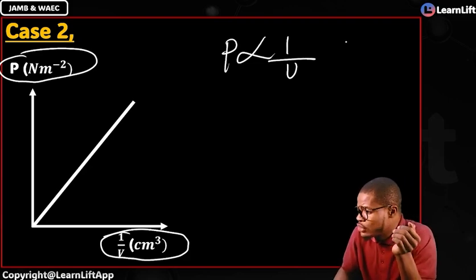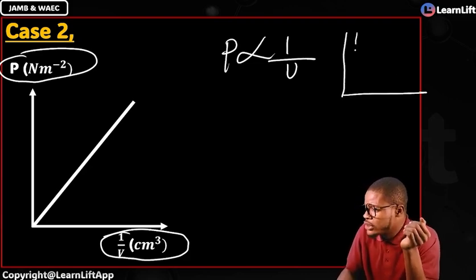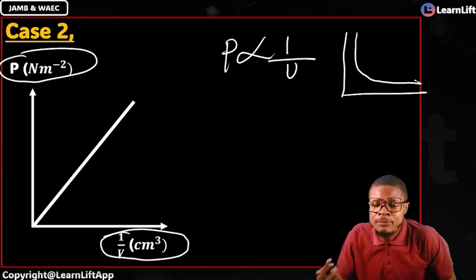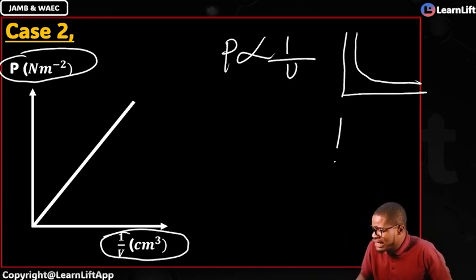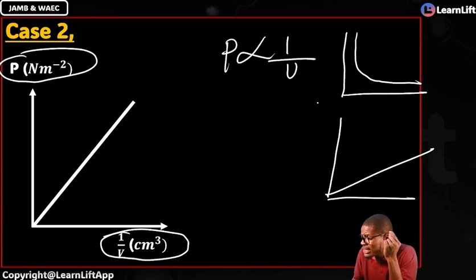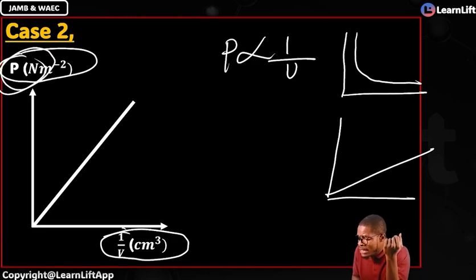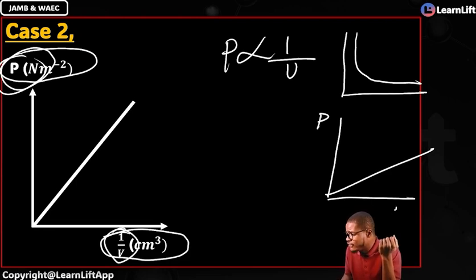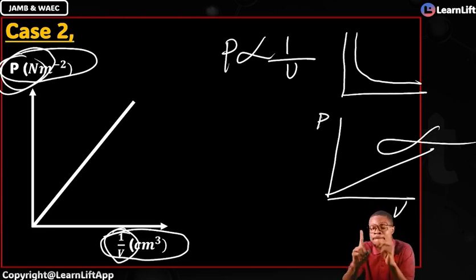I told you that if you see a graph like this, it means inversely proportional, but when you see a graph like this, it means directly proportional. But now, look up. Here is pressure P, here is 1 over V, not V. I wish it were P here and V here. Man, this is never Boyle's law.